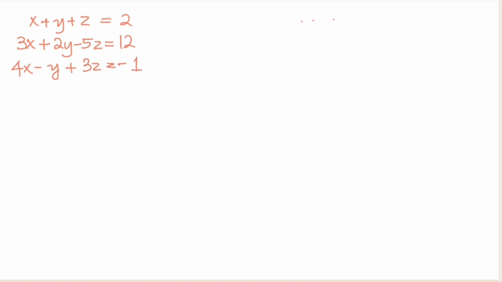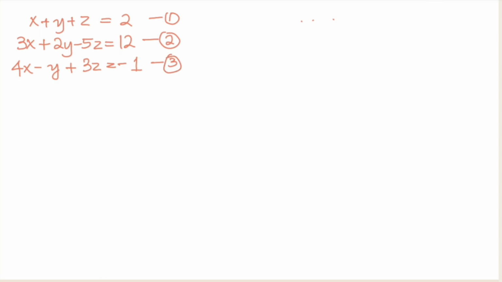Let's say x plus y plus z equals 2, and then we have 3x plus 2y minus 5z equals 12, and then we have 4x minus y plus 3z equals minus 1. So these are now our 3 equations. We can call this equation 1, equation 2, and equation 3.